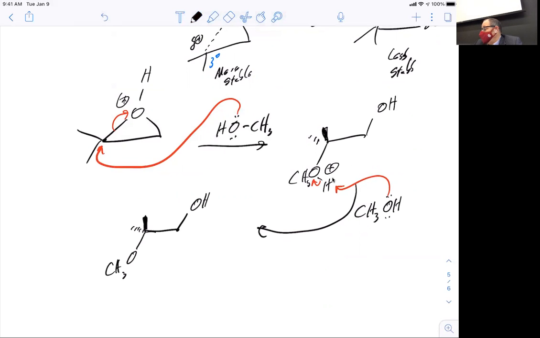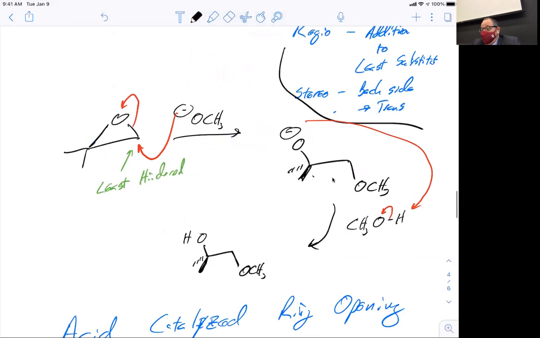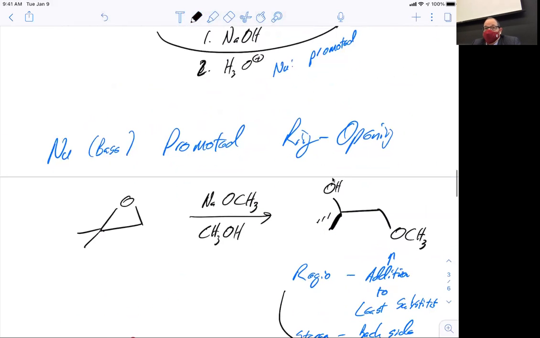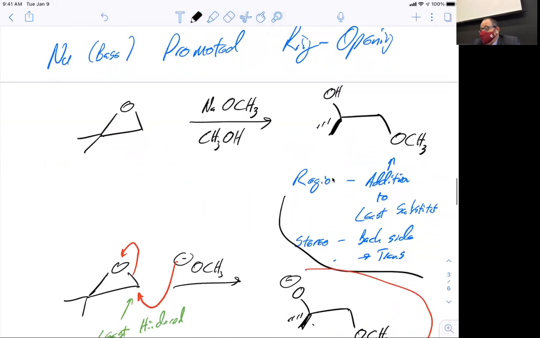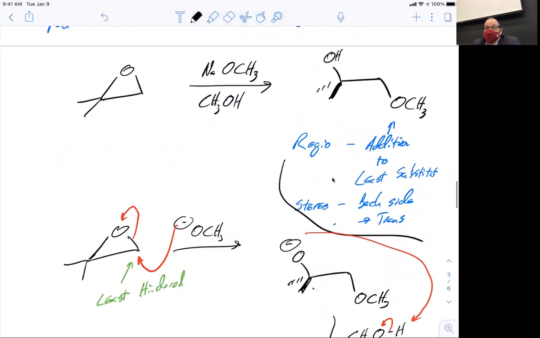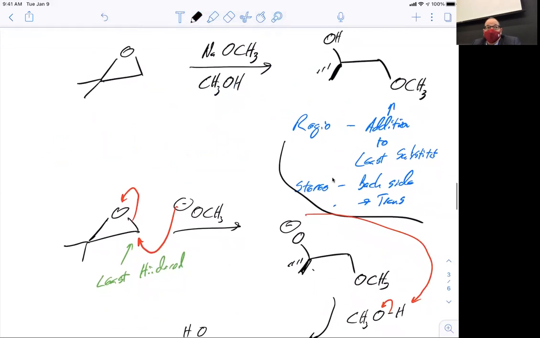Questions about the ring opening? So in the base promoted or nucleophilic promoted, we should be thinking SN2-ish, right? So we should be thinking least hindered. Where can the nucleophile attack that ring to ring open at the least hindered position?